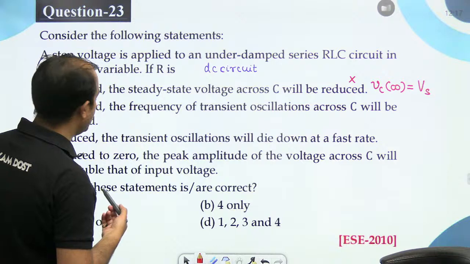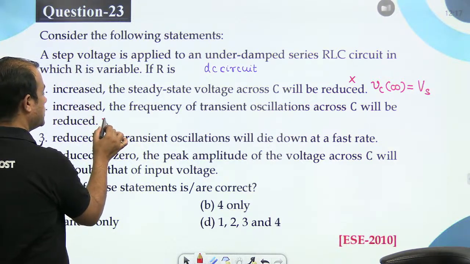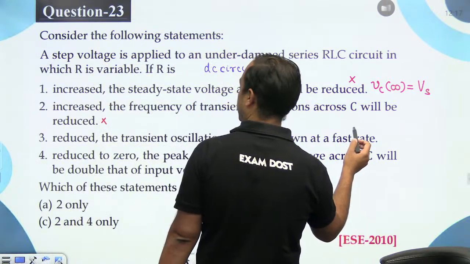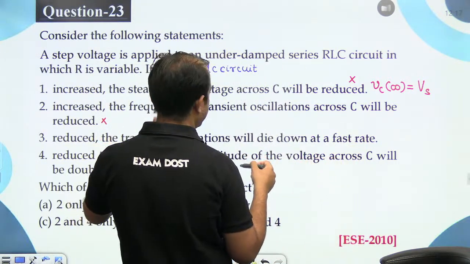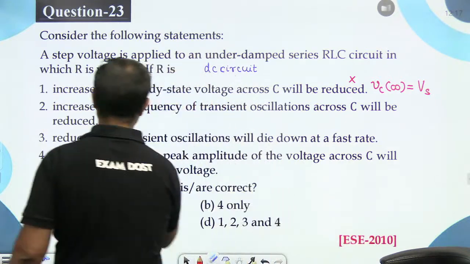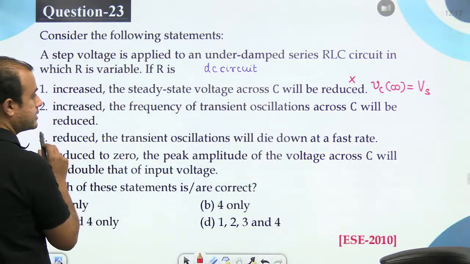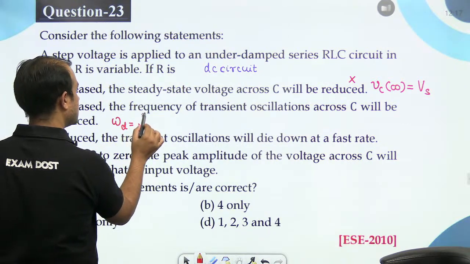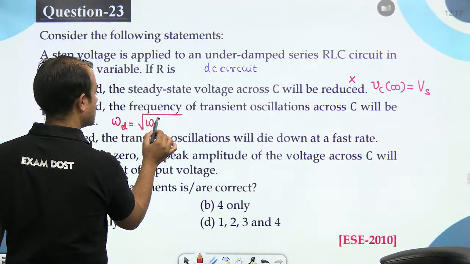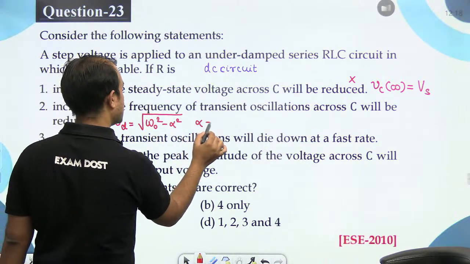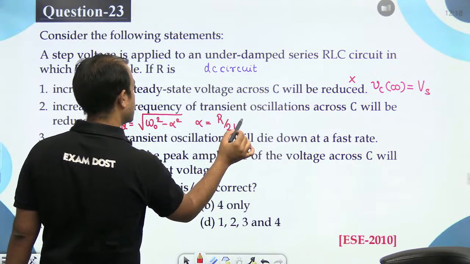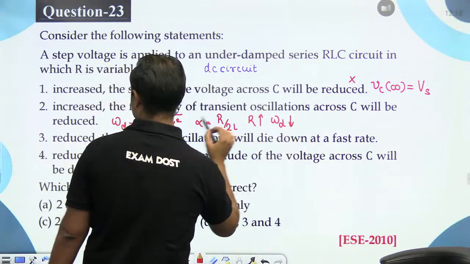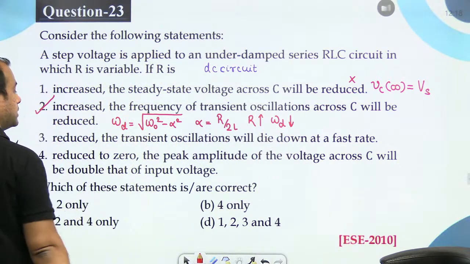Increase because frequency of transient oscillation will be reduced. Wrong again. Reduce, transient oscillation will die out at a fast rate. If R is increased, frequency of transient oscillation is reduced. तो R इंक्रीज होने से फ्रीक्वेंसी ऑफ ऑसिलेशन डिक्रीज होती है. ठीक है, दिस इज करेक्ट.